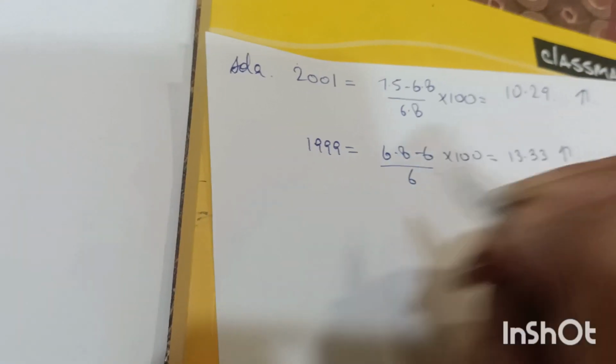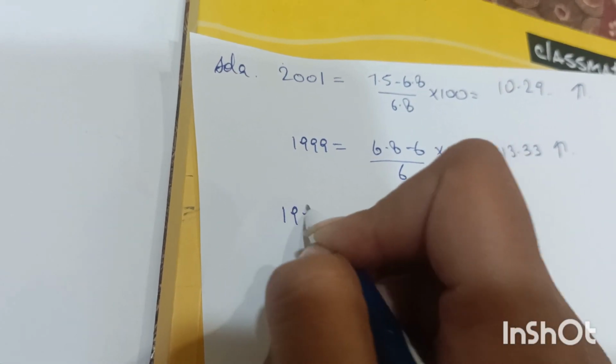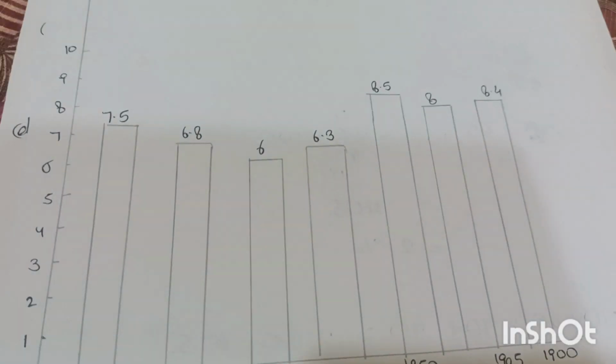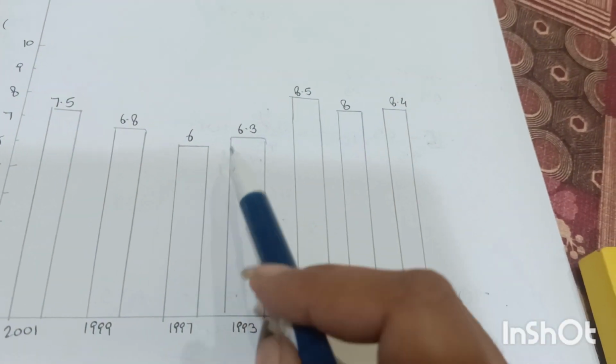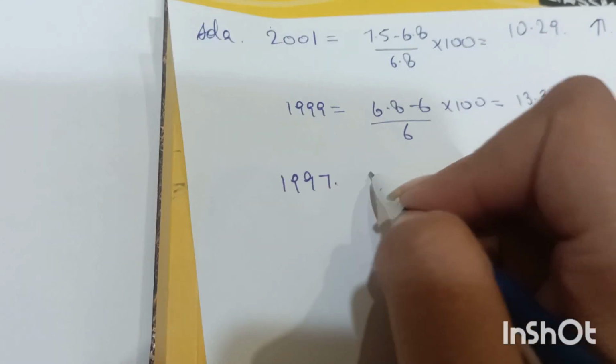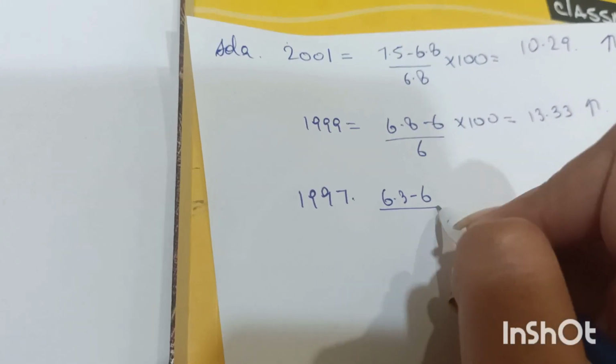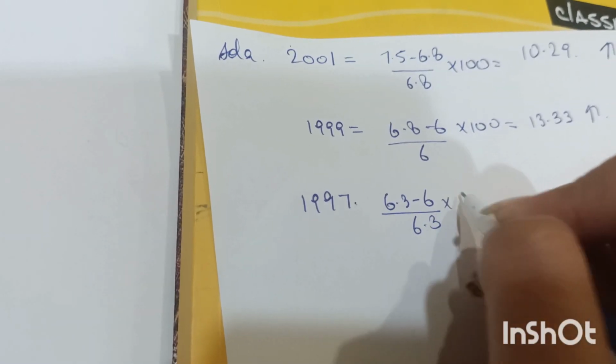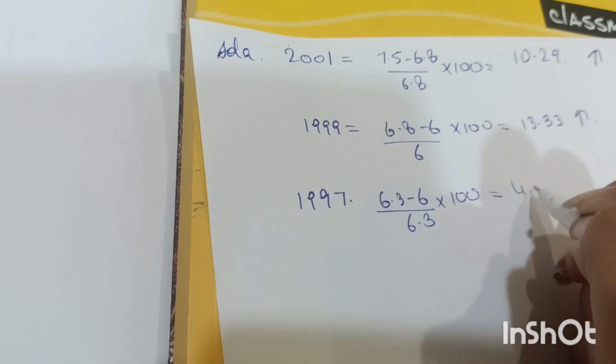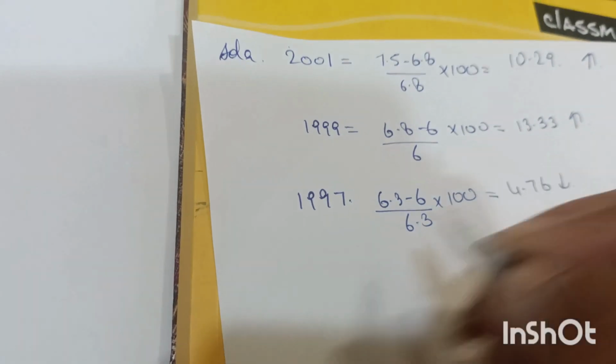There is an increase. Then for next year 1997, you have to do 6.3 minus 6. So 6.3 minus 6 upon 6.3 into 100, so we'll get the value as 4.76, and there is a decrease.